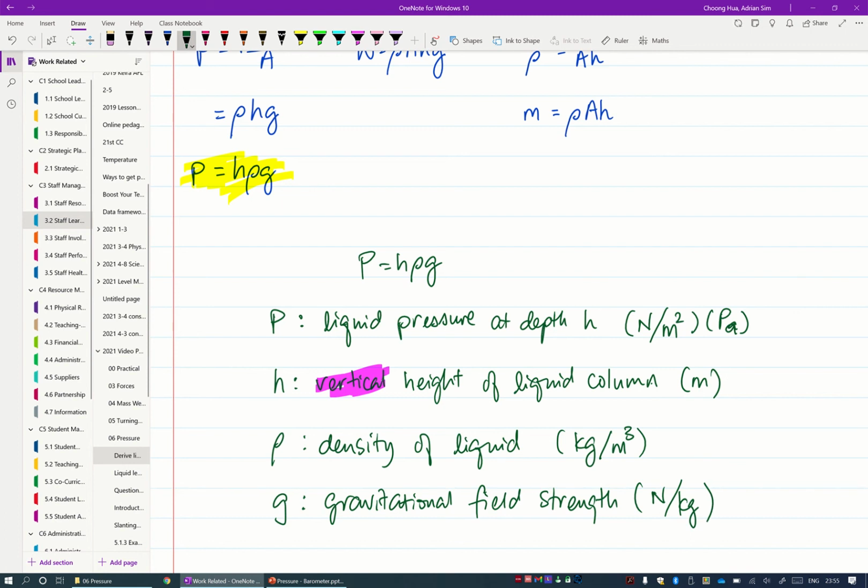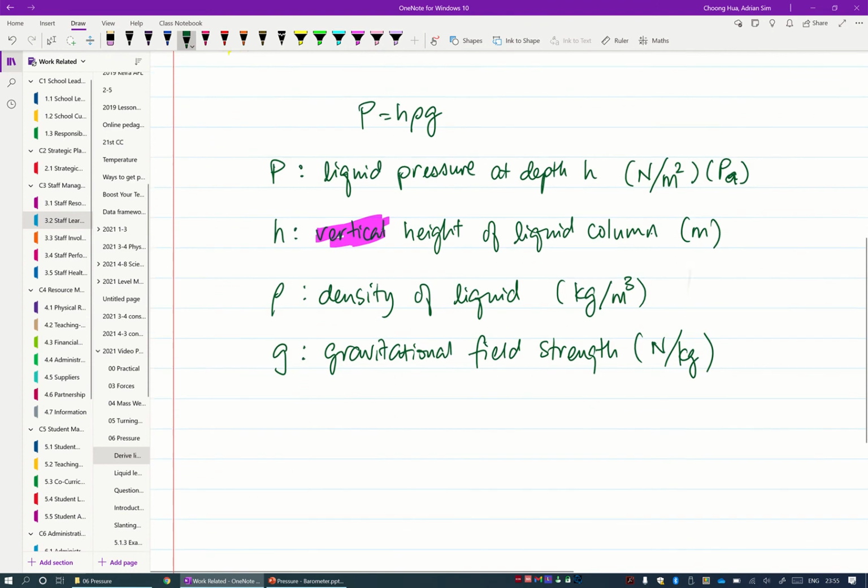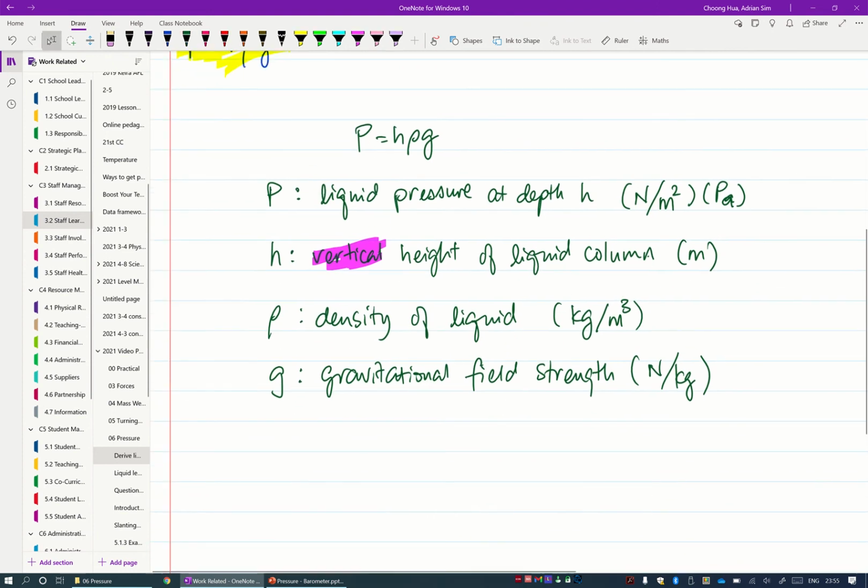Now, usually, or should I say most of the time, your gravitational field strength is expressed in terms of its SI unit. Now, because of that, your vertical height and your density has to be expressed in SI unit, and therefore your liquid pressure has to be expressed in SI unit. Now for your g value, sometimes you're given acceleration due to gravity.